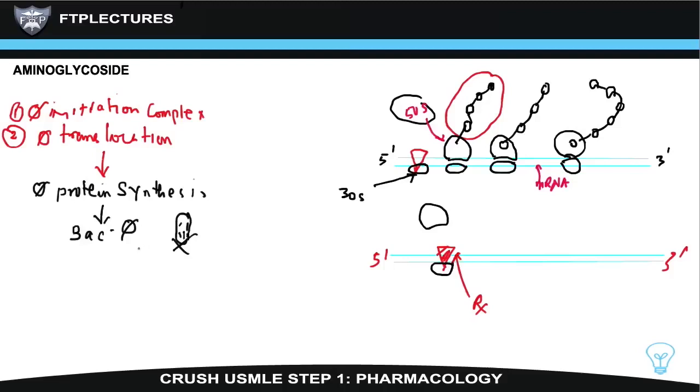Now, aminoglycosides are very interesting drugs because they do penetrate most body fluids very, very well. So they accept the CSF, okay? They don't penetrate the CSF very well, so they're usually not used for brain infections, okay? But unfortunately, they can go to the kidneys.